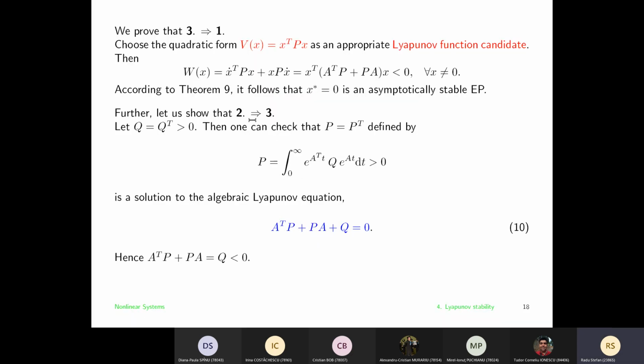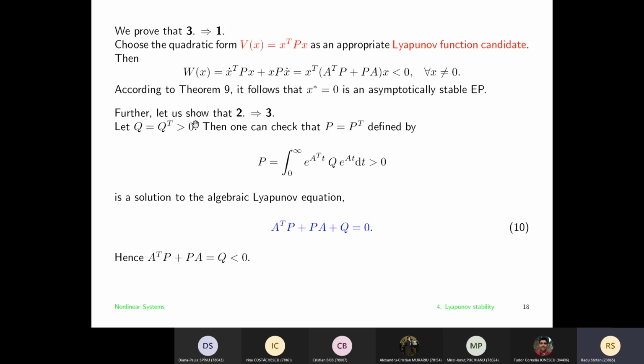So first I derive the first term, and then I derive the second term. X dot transpose is x transpose A transpose, and x dot is Ax. But we have x on one side, x on the other one, and we end up with this. So if you want this negative, this has to be a negative definite matrix, and that's it.